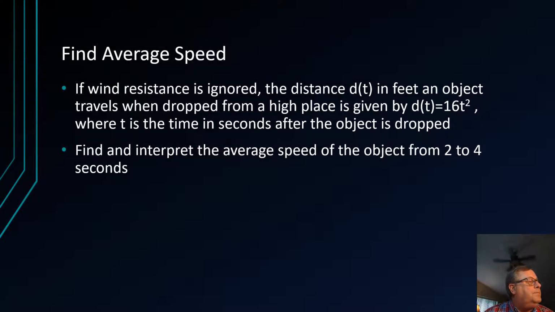Well, let's use what we've been learning about average rate of change to solve a real world problem. It says if wind resistance is ignored, the distance, which we're designating as the function d of t, in feet an object travels when dropped from a high place, is given by this function. d of t is equal to 16 t squared, where t is the time in seconds after the object is dropped.